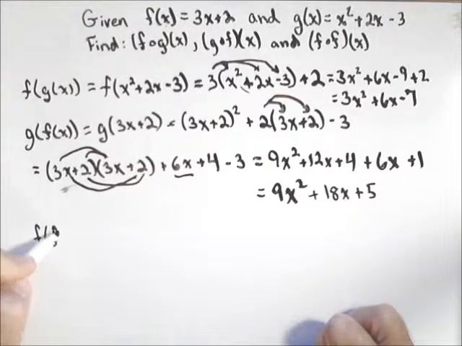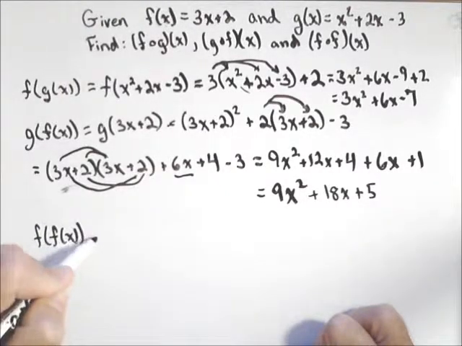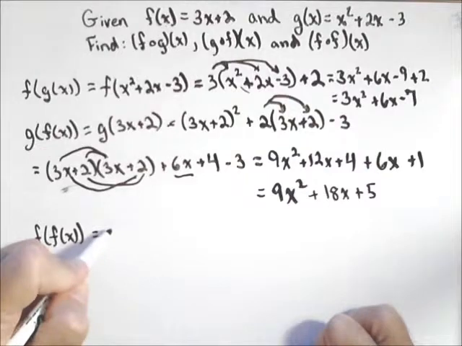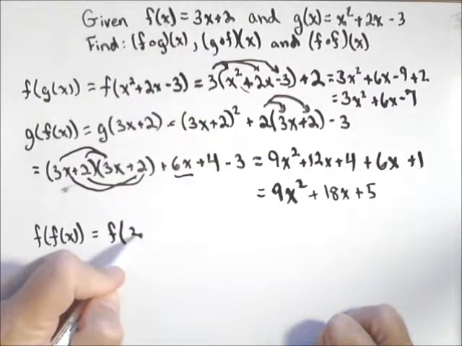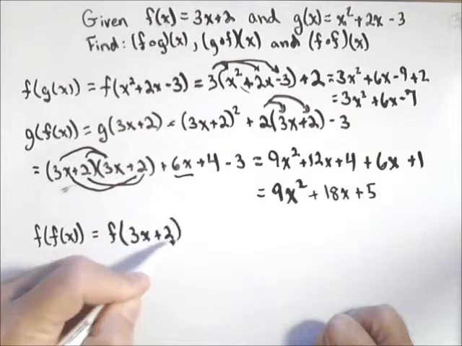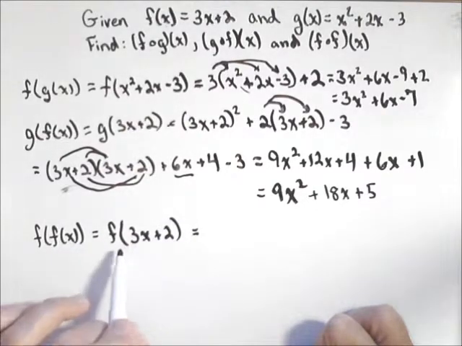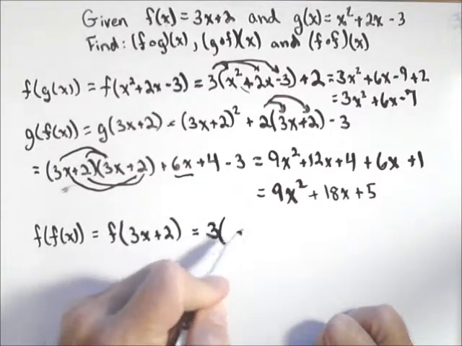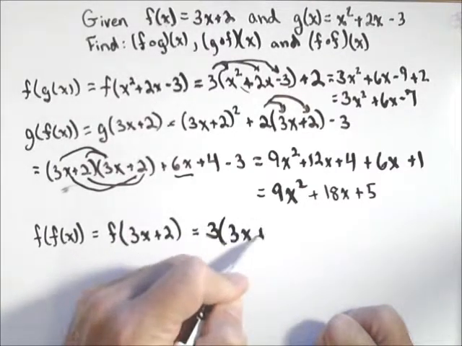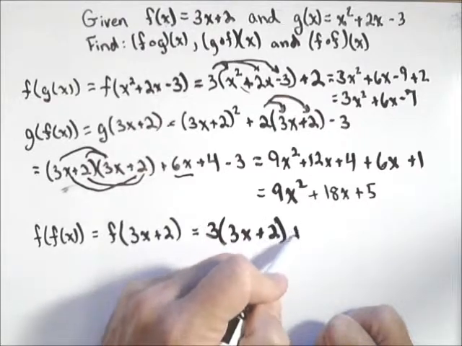Lastly, I wanted to do f of f of x. It might look a little unusual, but we can compose a function with itself. So this means we're doing f of, remember that f was 3x plus 2. So we just follow what this tells us to do. We put in 3x plus 2 for x. So we have 3 times 3x plus 2, plus 2.